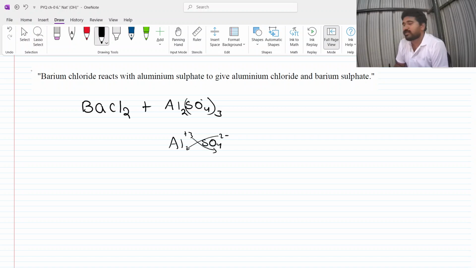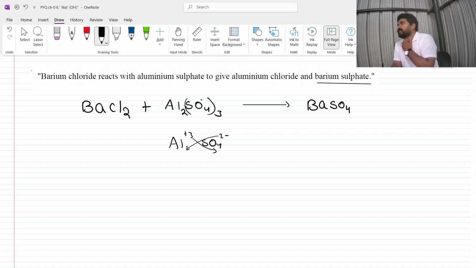Is that clear? From here, what is it going to form? So first write barium sulfate, BaSO4. That's it. No twice, nothing. Why?